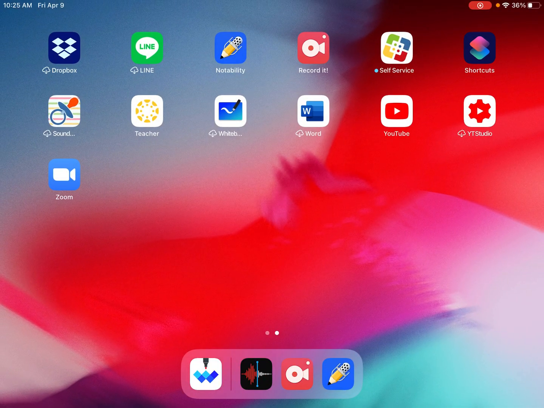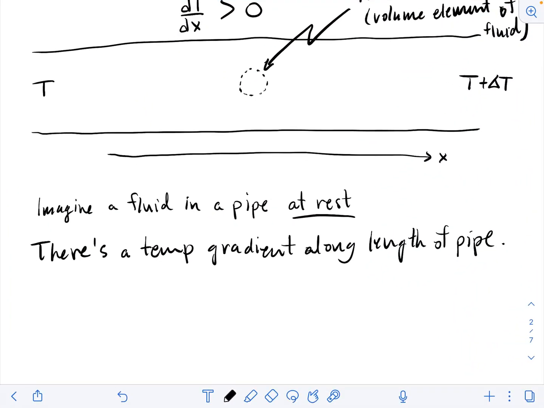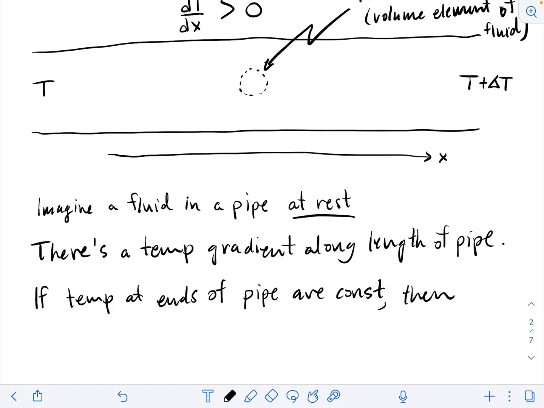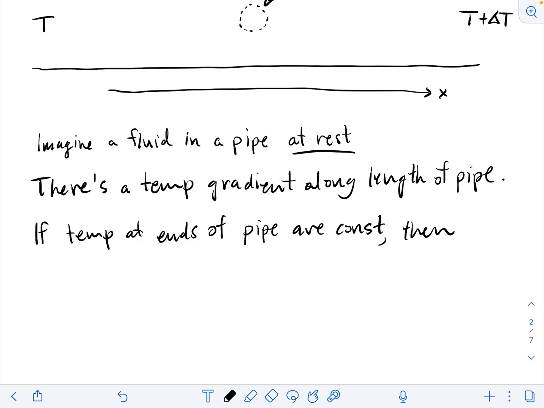If the temperature at the ends of the pipe are constant, then what we would say is that the dT/dt, so the derivative of the temperature with respect to time, is equal to 0 for our fluid particle.